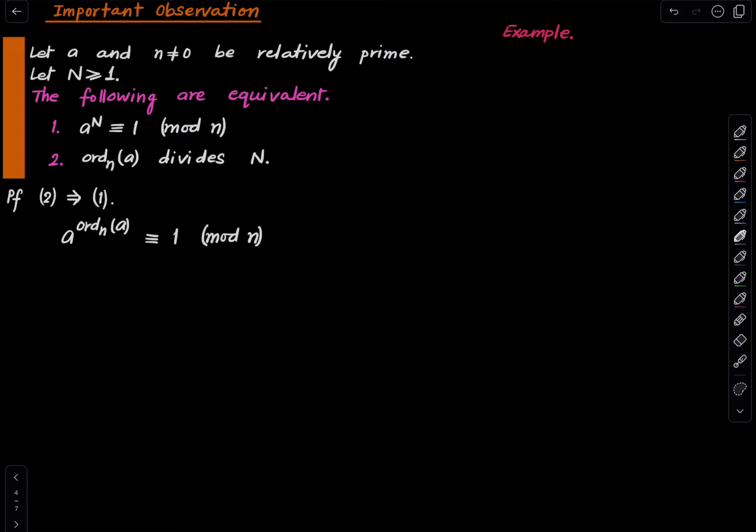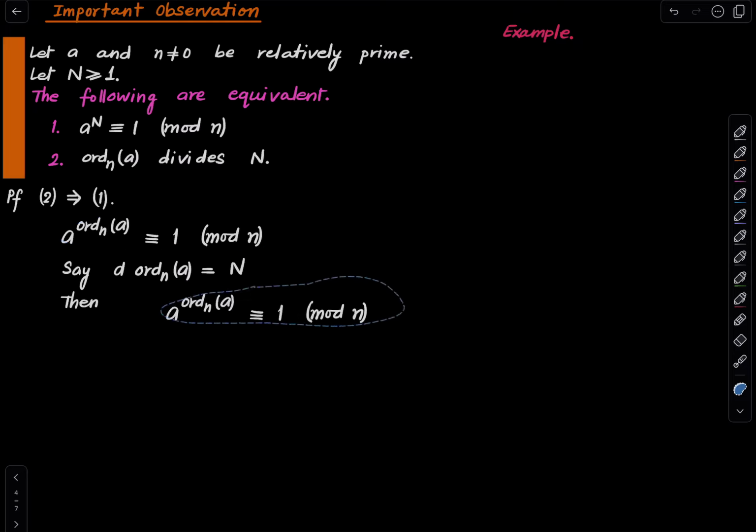So what I'm saying is, say d times the order of a modulo n is capital N. Then by the previous congruence, just raise both sides to the power d.